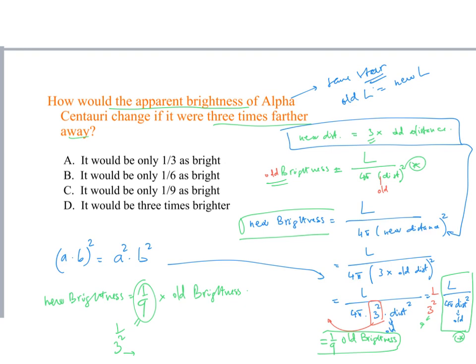And to answer our problem, how would the apparent brightness of Alpha Centauri change if it were 3 times further away? It would be only 1/9 as bright. So that's how you would find the correct answer in one of the problems in Mastering Astronomy.